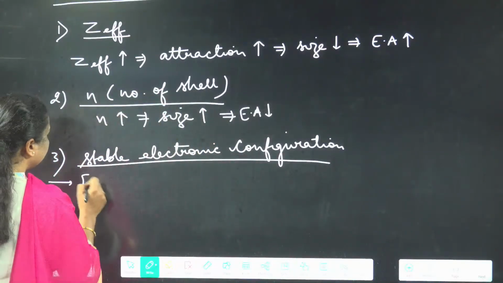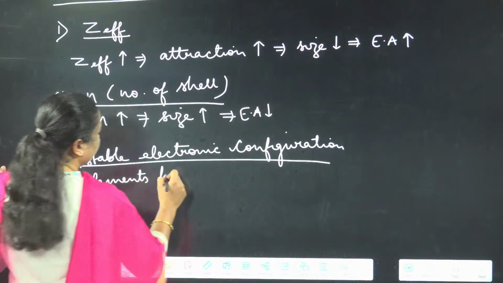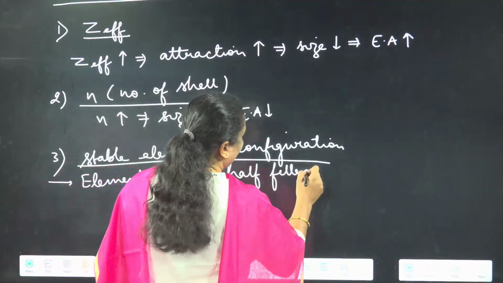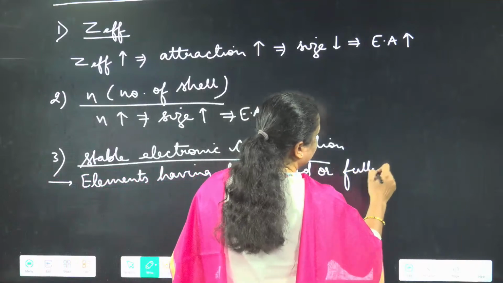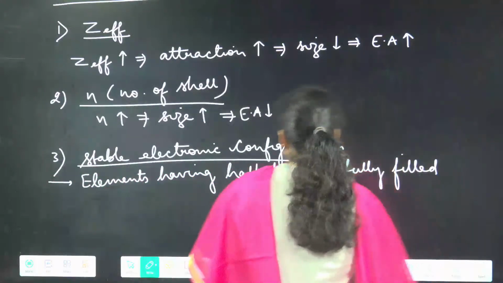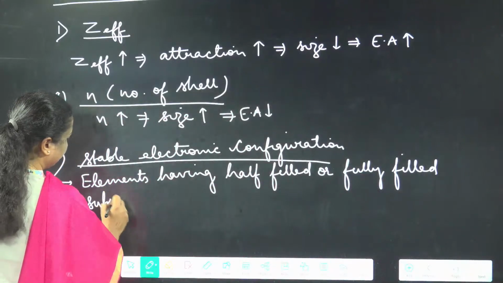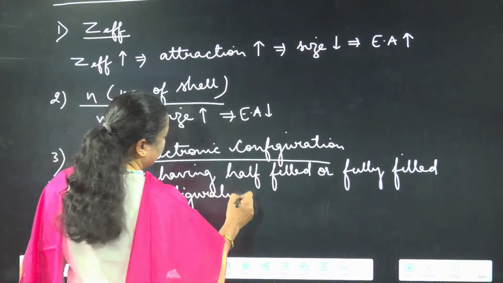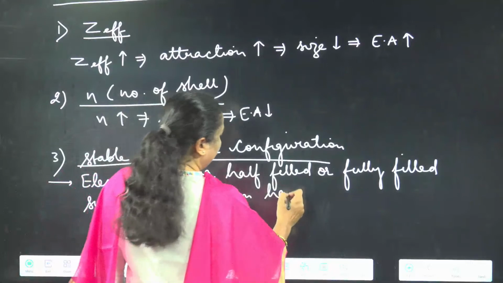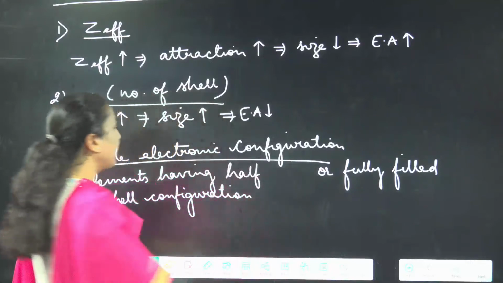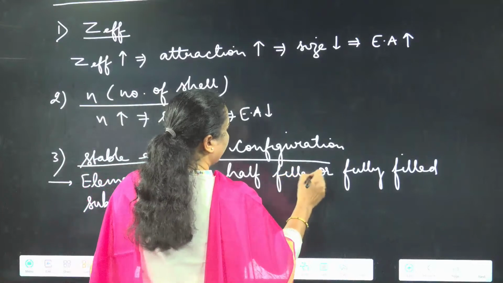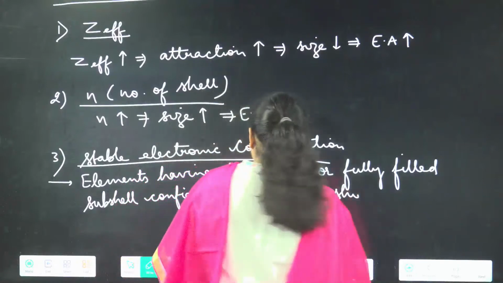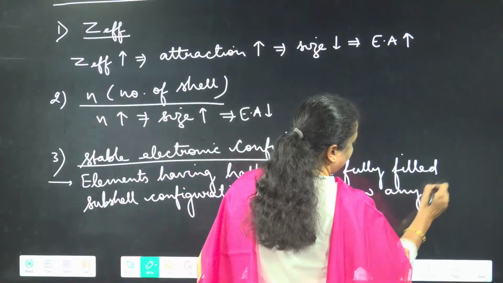Okay, so we can write down: elements having a half-filled or fully filled subshell configuration do not show any electron affinity.